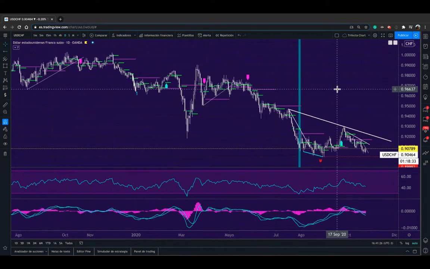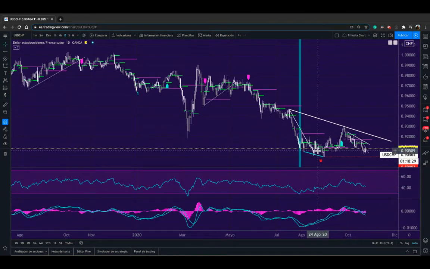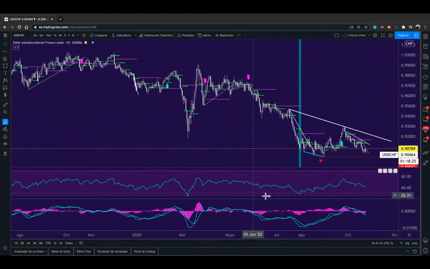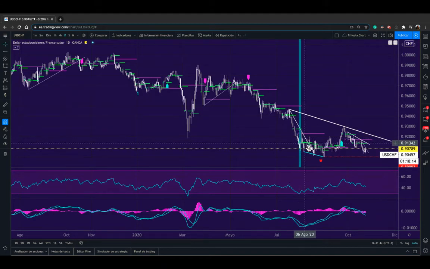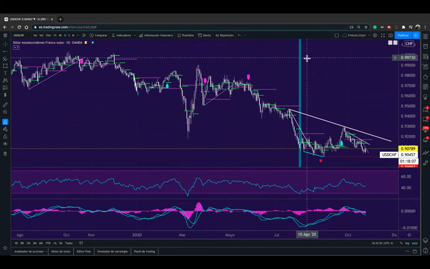Right now we also have a really huge RSI divergence and MACD divergence, with the price moving downwards while the MACD diverges. That's a really awesome thing to have in our direction.